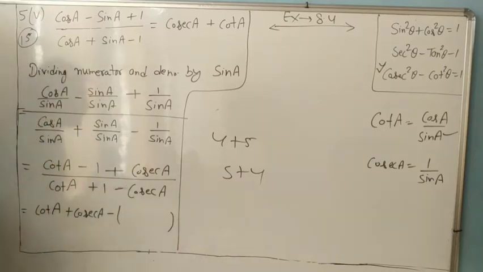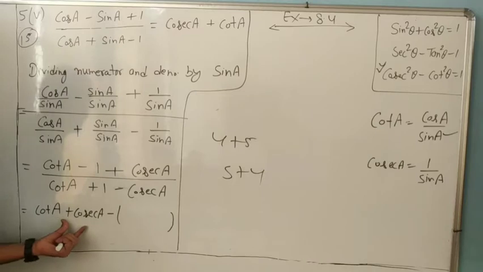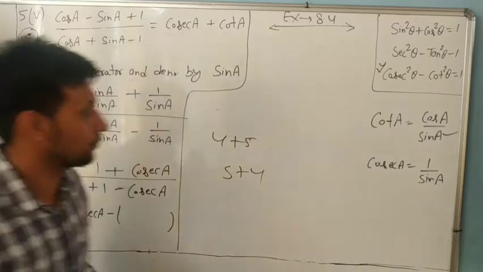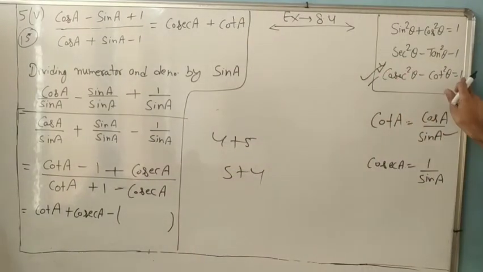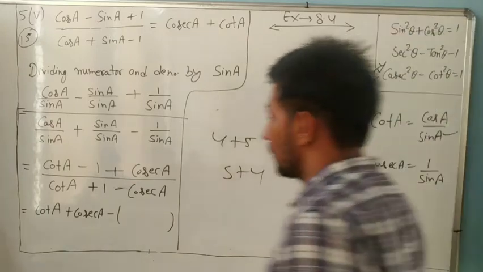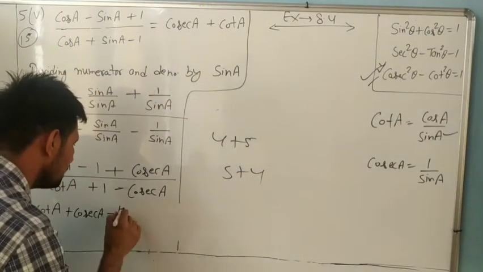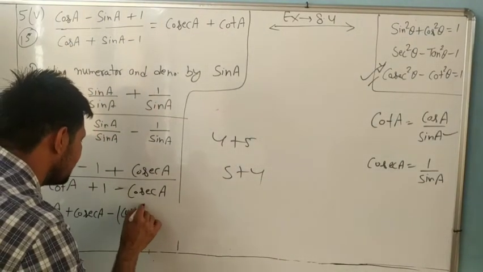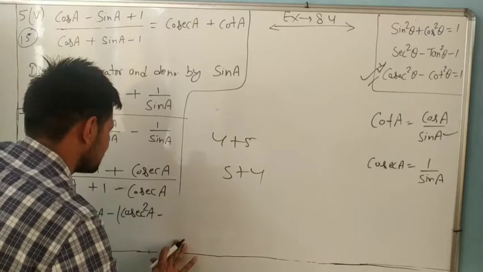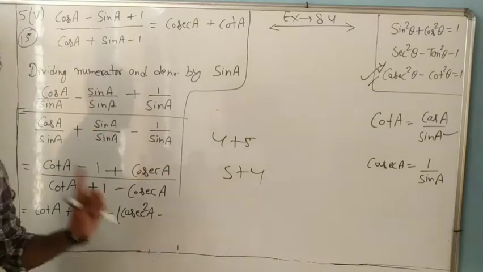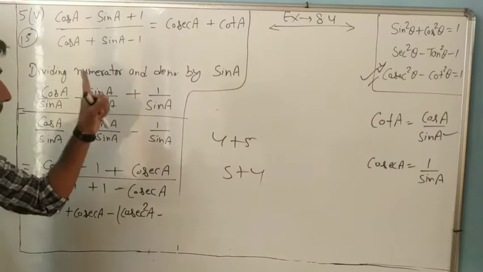And using the identity, one value, because these are values in cot and cosec. So we will take an identity in which 1 is in the form of cot and cosec. It is 1 is always cosecant square A minus cot square A. Only this step you have to remember in this question, and in example number 15 also.